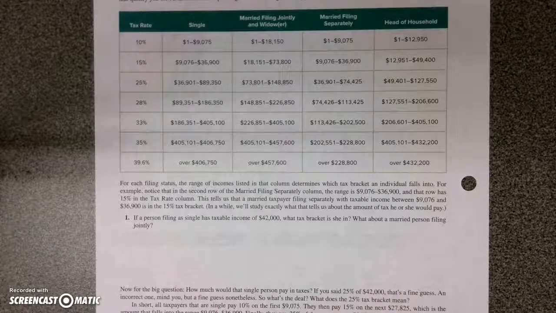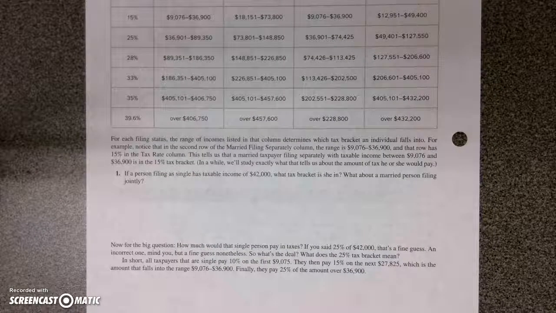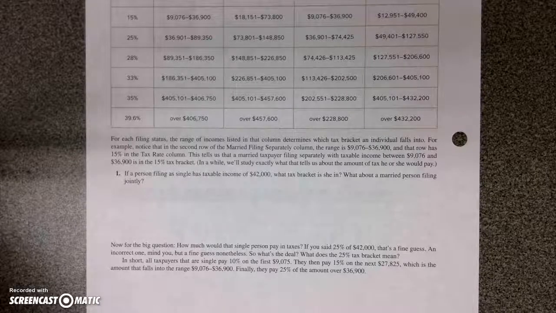This tells us that a married taxpayer filing separately with taxable income between $9,076 and $36,900 is in the 15% tax bracket. In a while, we'll study exactly what that tells us about the amount of tax he or she would pay.